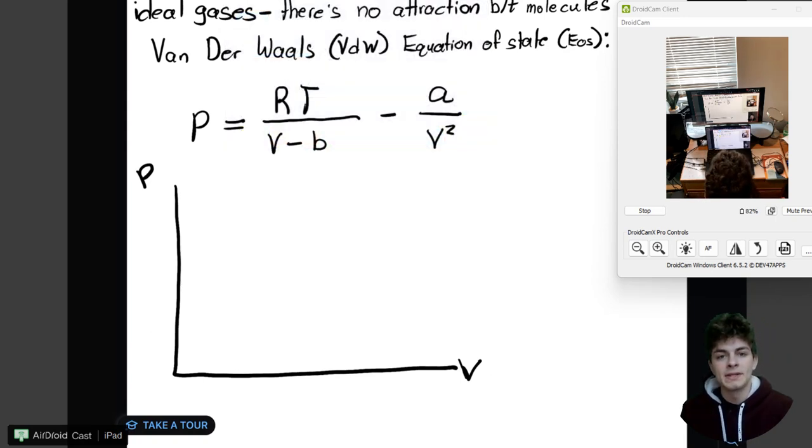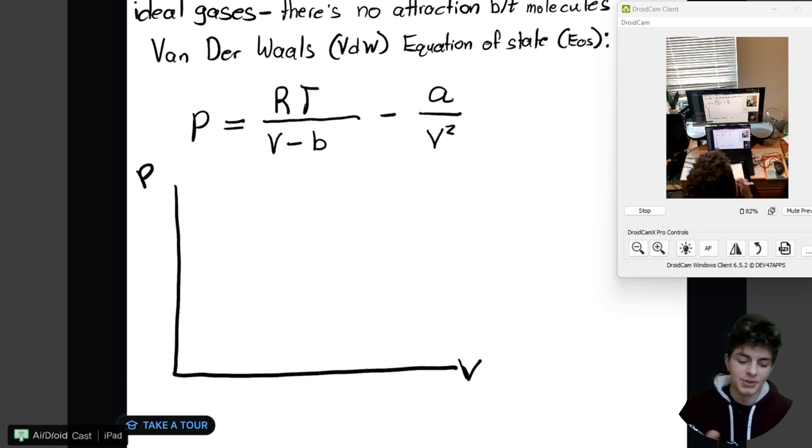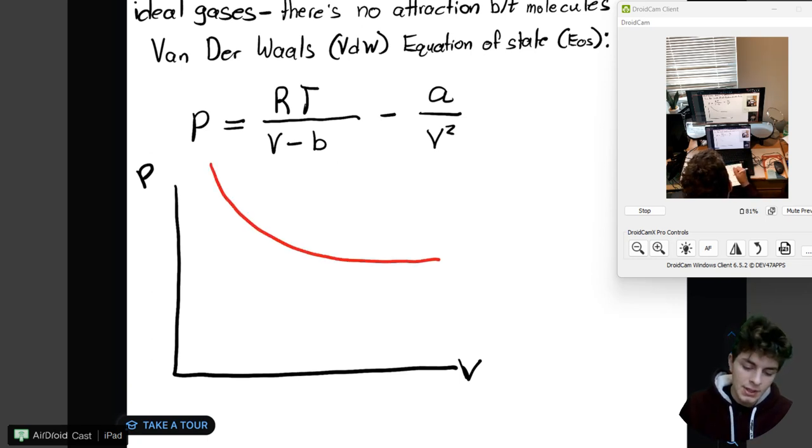What that means is that the temperature will be held constant for these different graphs. Therefore, the only things changing in these containers are the pressure and the volume, and they'll have that inverse relationship, which means the temperature has to be held constant. So there's no insulation in this system. And here is what the isotherms are going to look like.